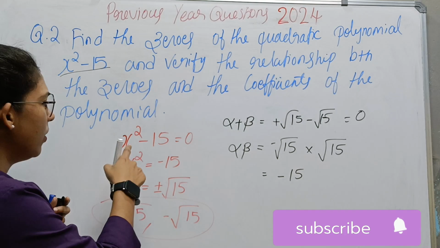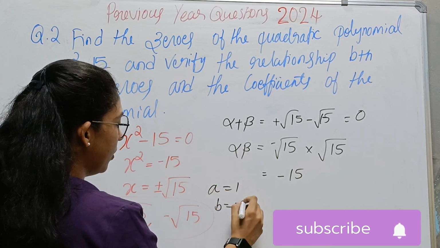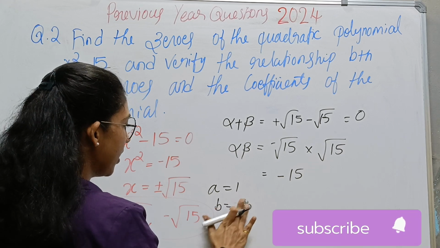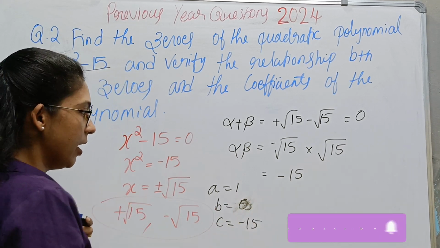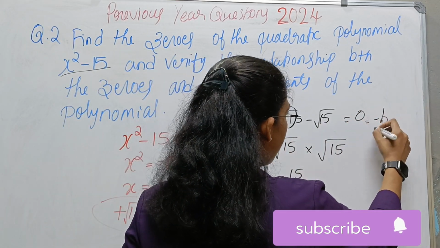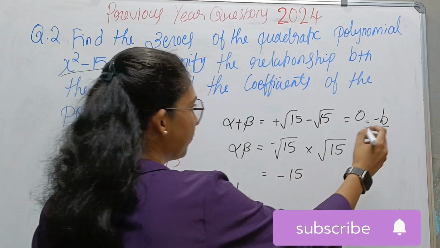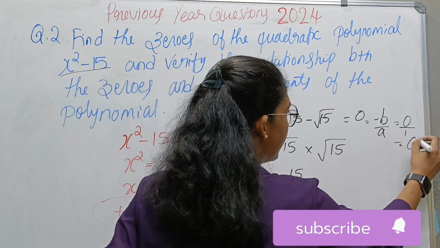Now in this polynomial, a is equal to 1, b is equal to 0, and c is equal to minus 15. So let's verify. Alpha plus beta is equal to minus b upon a. What is b? Here it is 0. 0 upon a, which is 1, is equal to 0.